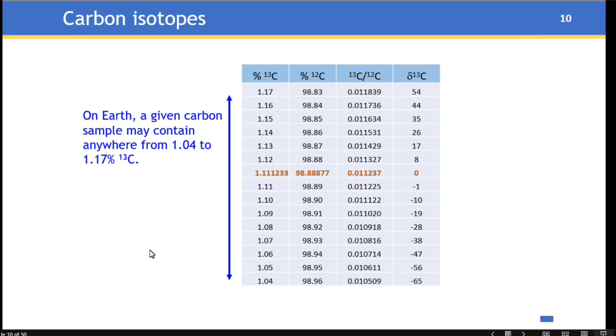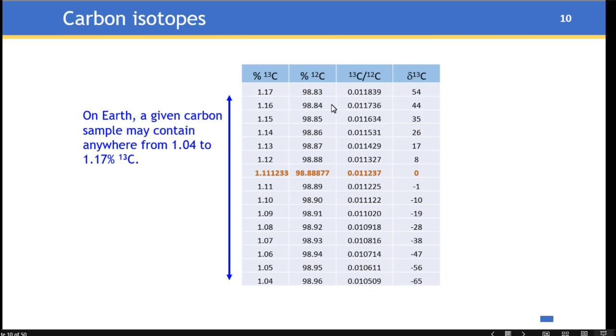On Earth, in biological, geological, or meteorite samples, the percent C13 ranges from about 1.04% all the way up to 1.17%. A very, very tight range.